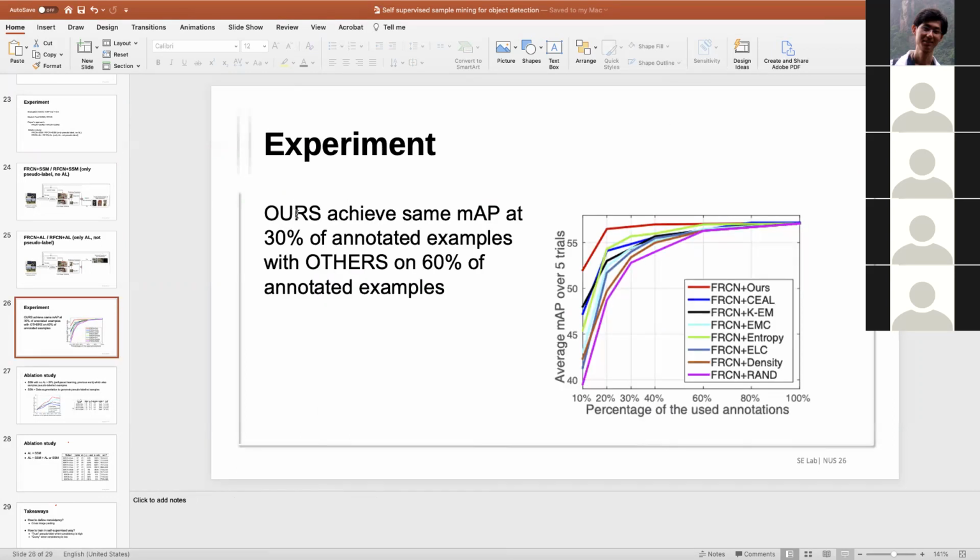So they find that theirs can achieve the same mAP at 30% of annotated examples as other baselines trained on 60% of annotated examples.